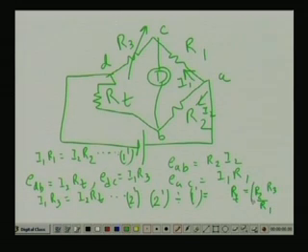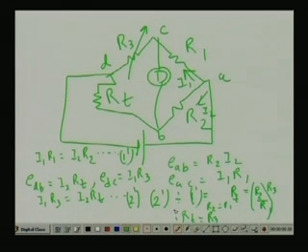You see that if I take R2 and R1 equal, then this will cancel out. So in that case, if R2 equals R1, I can write that RT equals R3.